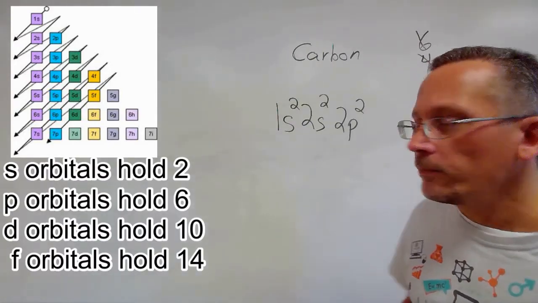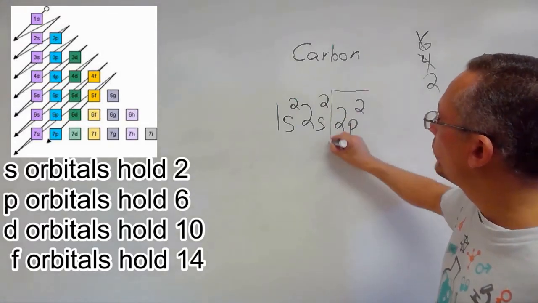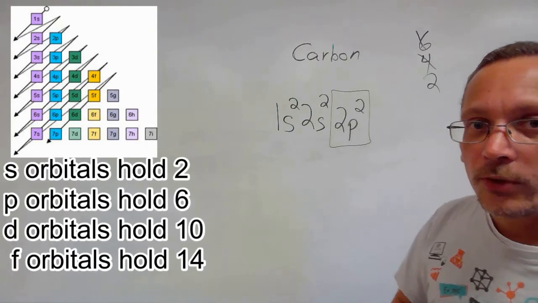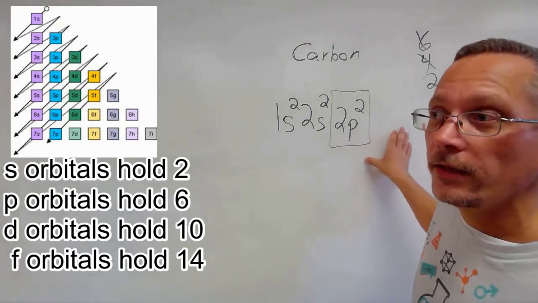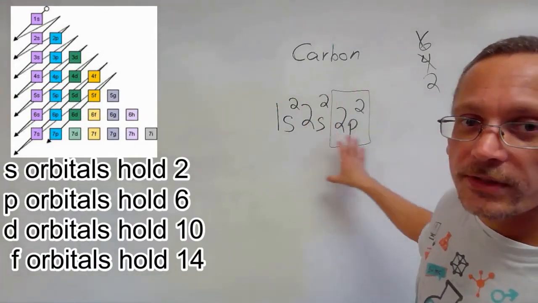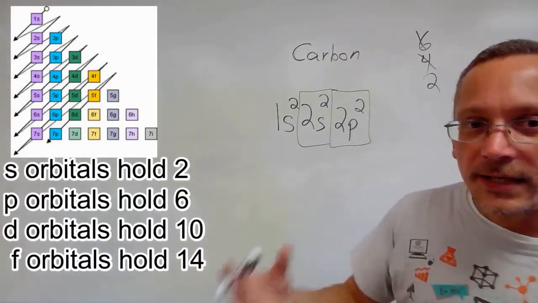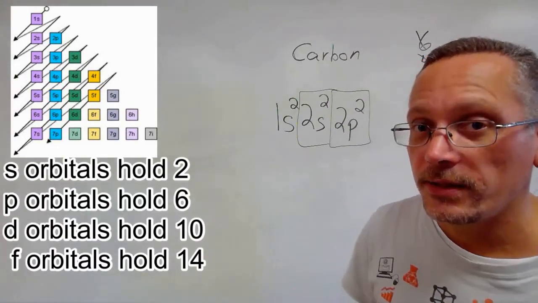oftentimes, most of the time, this last orbital won't be filled. The electrons that are here, we call those the valence electrons usually. Usually whatever's in the last energy level, even the whole last energy level, we call those the valence electrons.